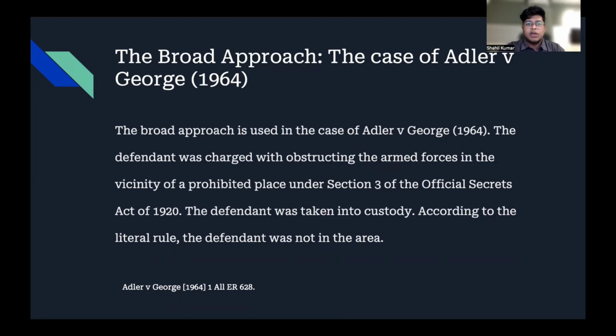The defendant was taken into custody, and according to the literal rule, the defendant was not in the area. However, the judges used the golden rule to broaden the meaning of the term nearby and interpret the phrase differently. This was done to avoid the potential ludicrous effect of applying the literal rule in the case.